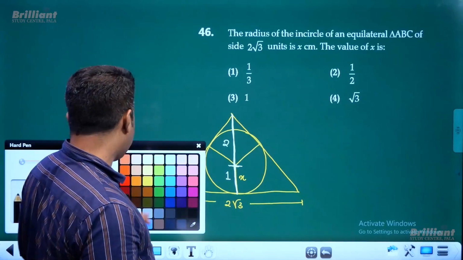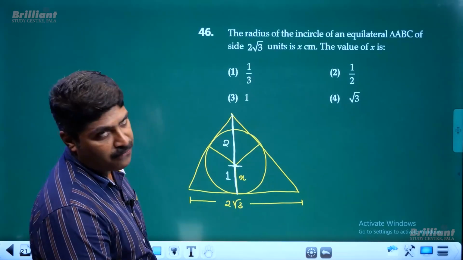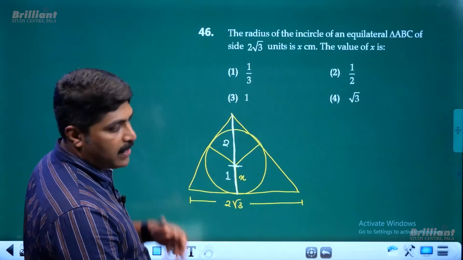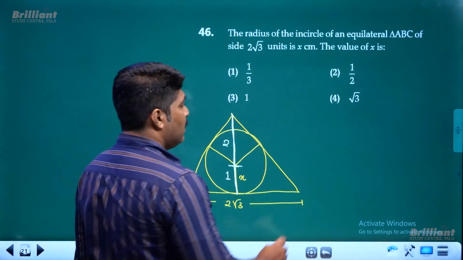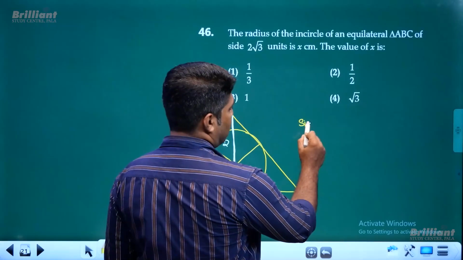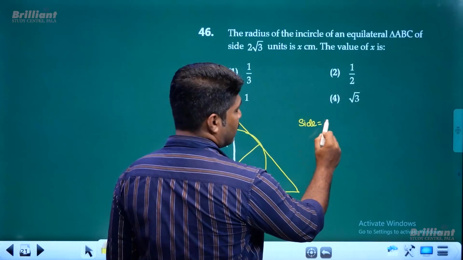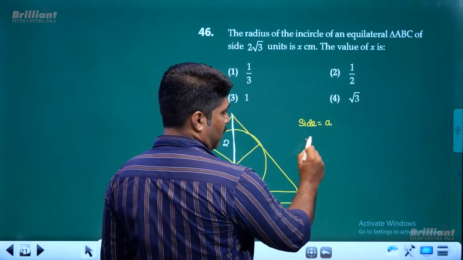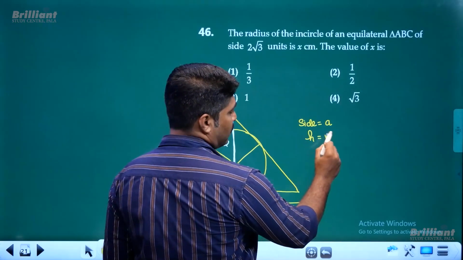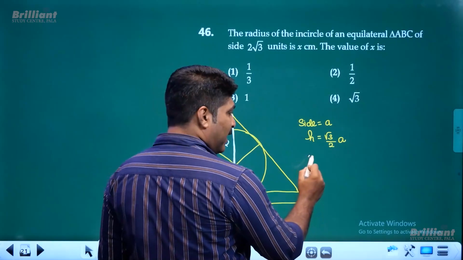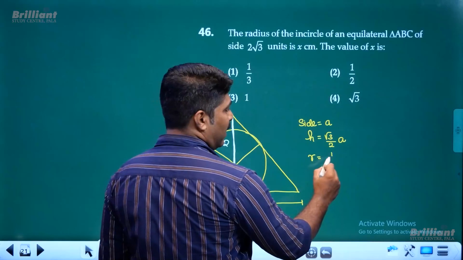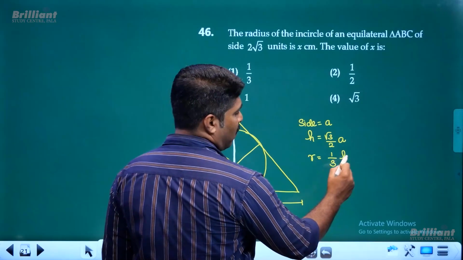First of all, we have to consider how to find the height of an equilateral triangle and how to find the inradius of such a thing. Suppose the side of an equilateral triangle is a. Then its height is root 3 by 2 a. Then the inradius is equal to 1 by 3 of the height.